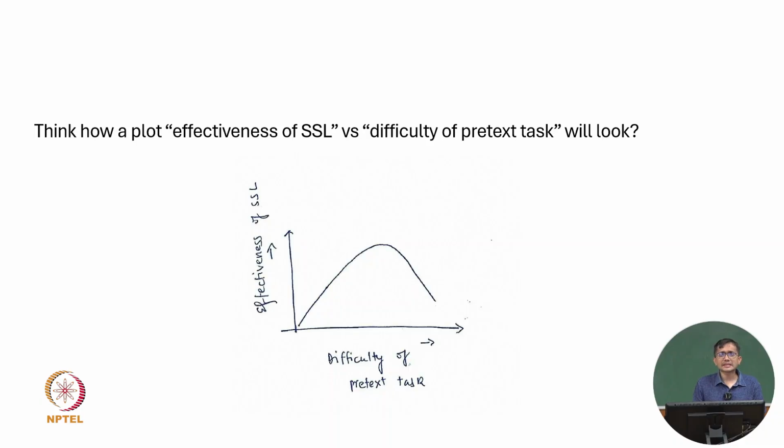We make the pretext task slightly more difficult, the network has to adjust its weights to learn this more difficult pretext task. We make the pretext task so difficult that it's even kind of impossible for the network to learn. Again, there is no real learning signal for the network.